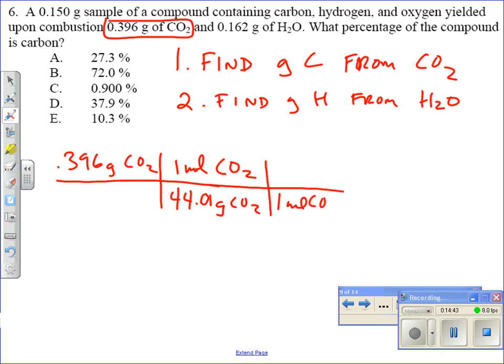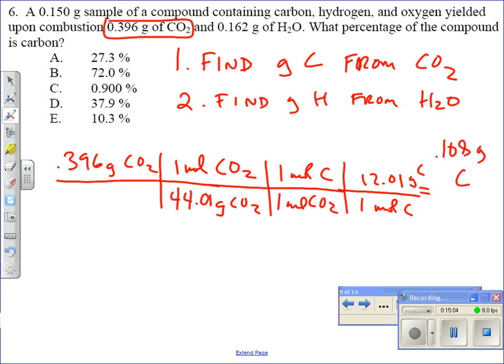1 mole of CO2 has 1 mole of carbon in there. That comes from the chemical formula. Last but not least, 1 mole of carbon is equal to 12.01 grams of carbon. When you multiply that out, you should get 0.108 grams of carbon. That should be your answer at the end of that grid.